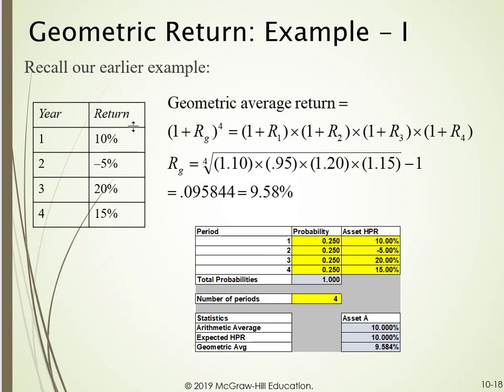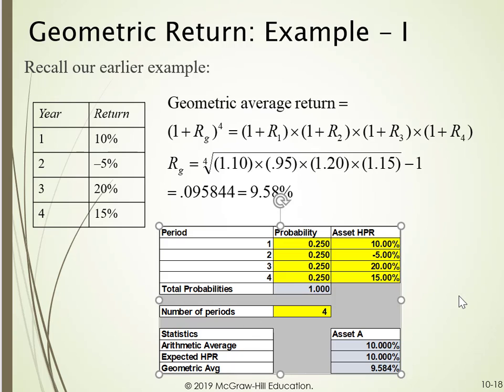Here we have 4 years of returns, and we would like to calculate the geometric average. These are just holding period returns. The first year we earned 10, then we lost 5, earned 10, 20, earned 15. Now there is a worksheet, called the geometric average worksheet, or the geometric return worksheet. You add the returns. We have to have equal probabilities.